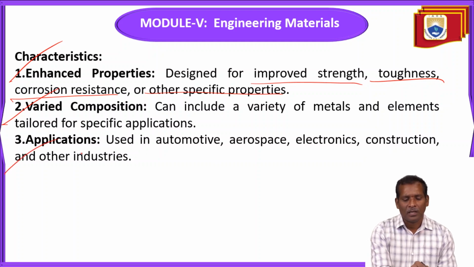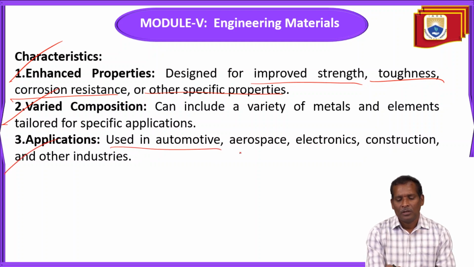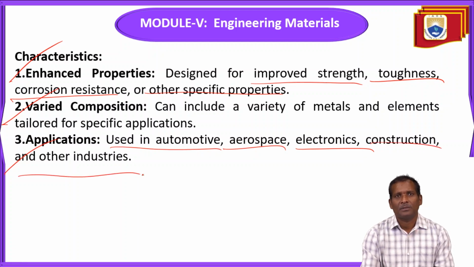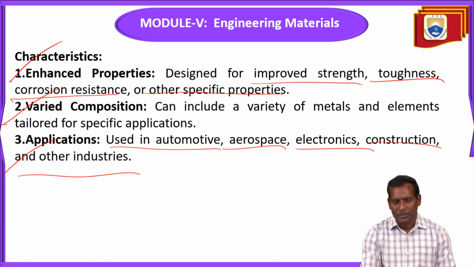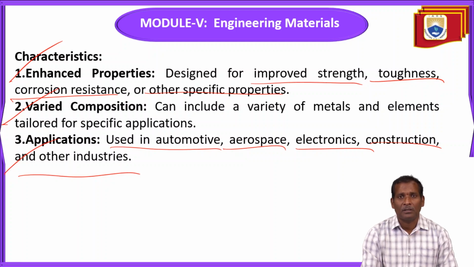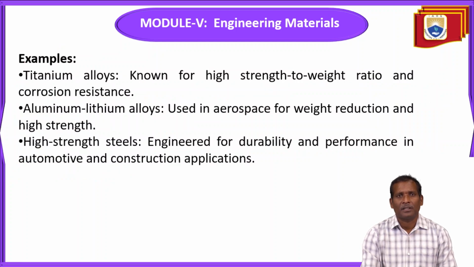And the applications are in automotive, aerospace, electronics, construction, and other industries. So having these characteristics, these advanced alloys are used in the automotive sector and aerospace, where high resistance to corrosion, strength and temperature are required, so these advanced alloys are widely used in these sectors.